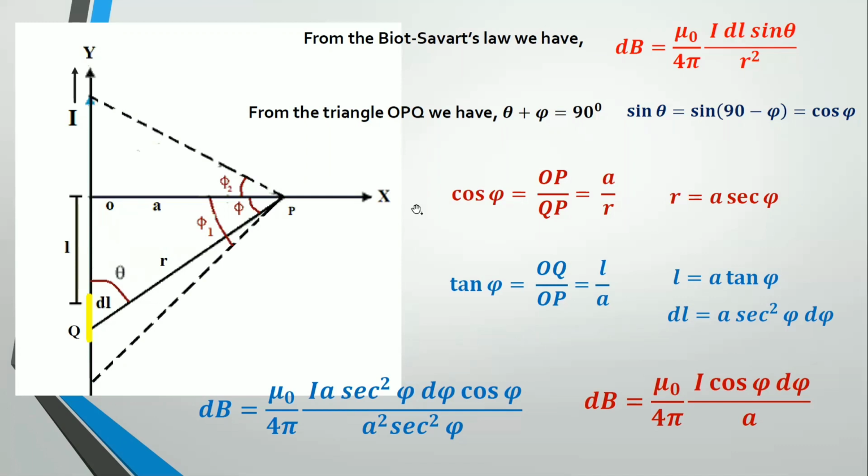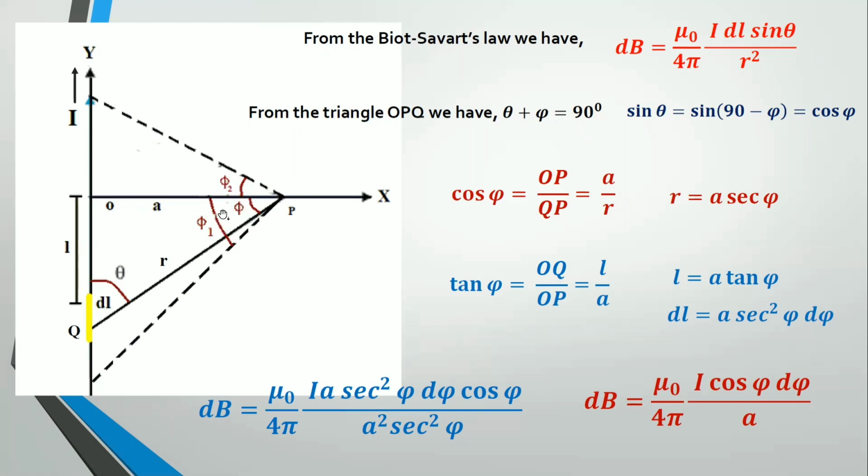Now here, to convert all these variables to a single variable and to integrate dB successfully, we are using this triangle and some trigonometry. From this triangle OPQ, we have this angle as 90 degree, so angle theta plus angle phi is again 90 degree.